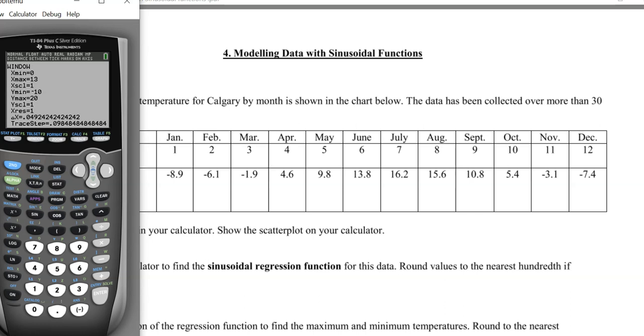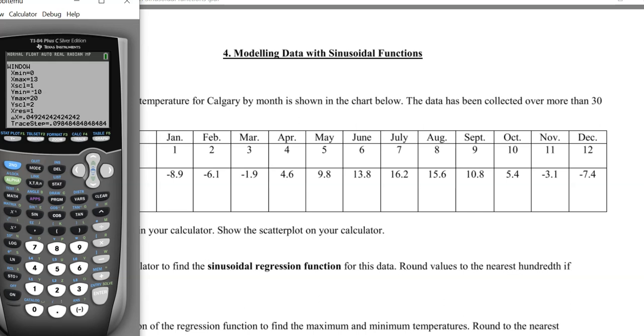You do that max minus min, right? 20 minus negative 10 is 20 plus 10, which is 30. So we could go by 5s, we can go by 2s, and going by 2s will give us 15 ticks. I don't really worry about the scale. If it's not enough or it's too much, it's really not a big deal. But the scale on the x-axis is pretty good because that's each month, right? We can look along to January, February, March, April, and so on.